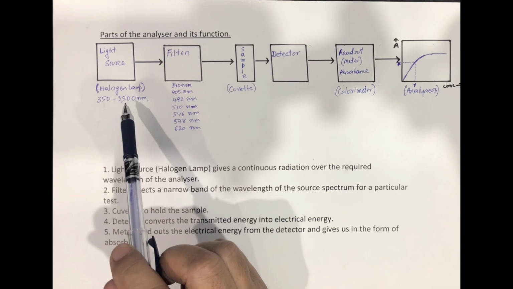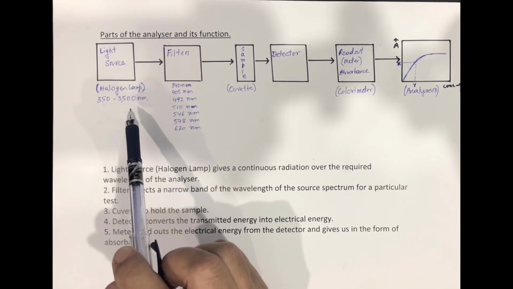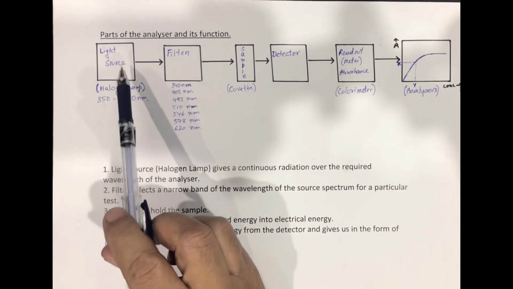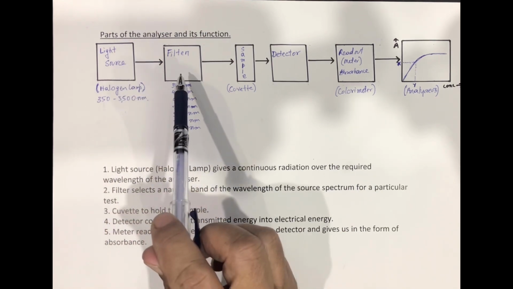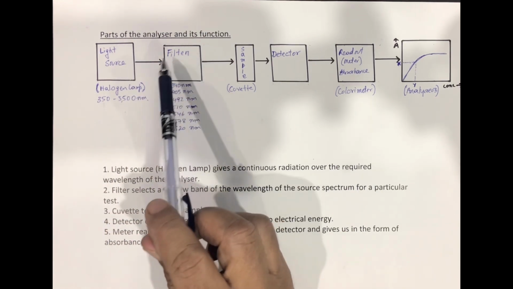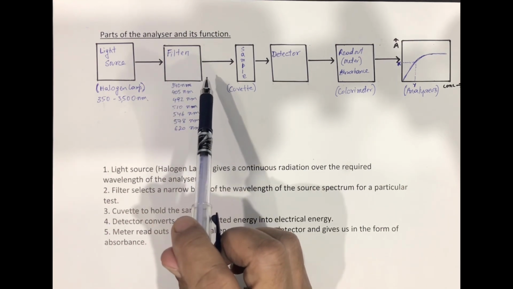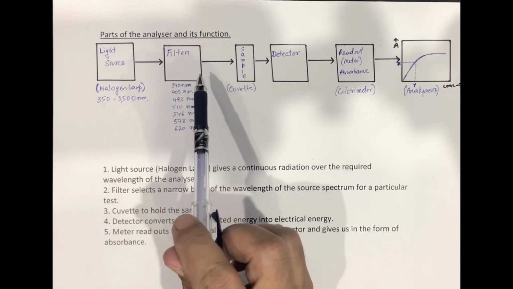A halogen lamp gives radiation in the range of 350 to 3500 nanometer. The radiation coming from the light source is selected by the filter to a narrow band of wavelength depending upon the test.